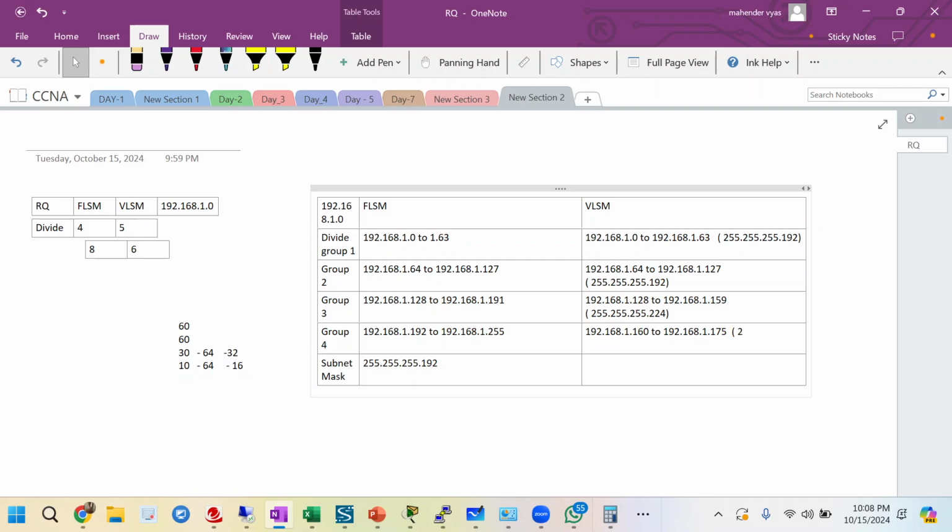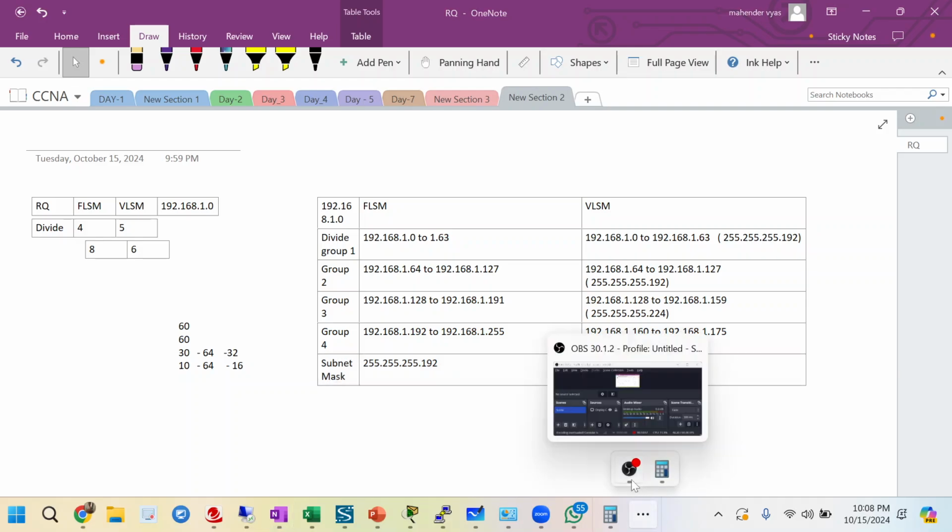And then for the fourth, it will change to 255.255.255.240. If you see, in VLSM all the subnet masks are changing, but in FLSM the subnet mask would be the same for all the groups if you divide it into equal groups. Okay, that's clear.